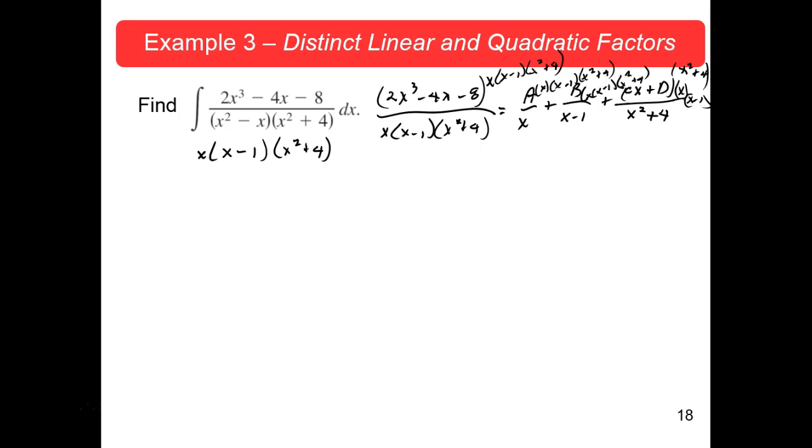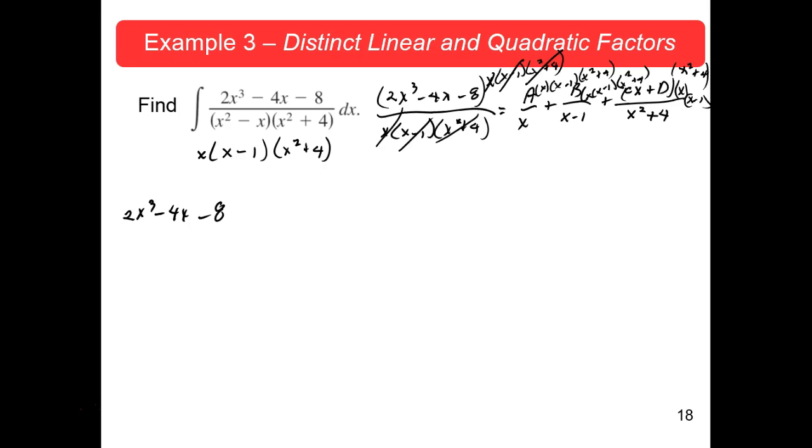Now, the good news is the left-hand side, what goes away? Your entire denominator, because you multiply by that denominator, all goes away. You're left with 2x cubed minus 4x minus 8. You know, I never would have started with this. I'm sorry I didn't do this earlier.